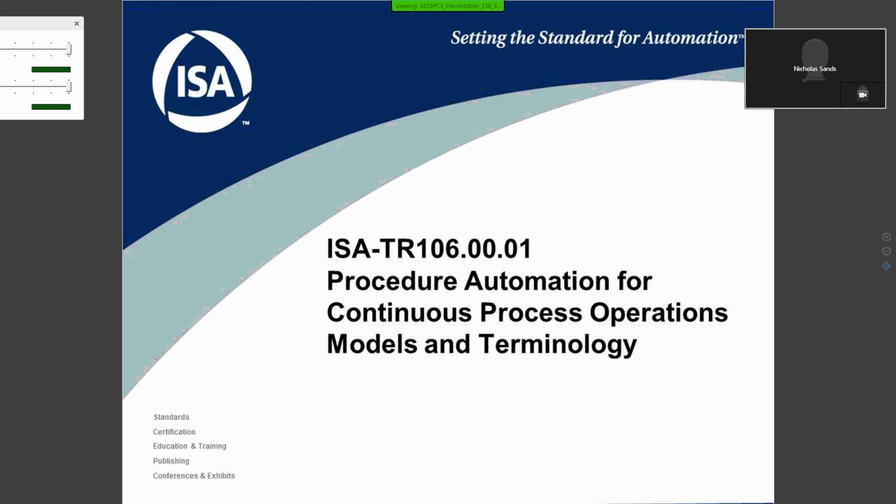This is TR 106.00.01, and they went for their models and terminology for procedure automation for continuous process operations. So this one's not a standard, but a technical report. Our second technical report is coming up on the work practices, the life cycle, and so on. So look for that coming soon. Yep, thanks, Dale.